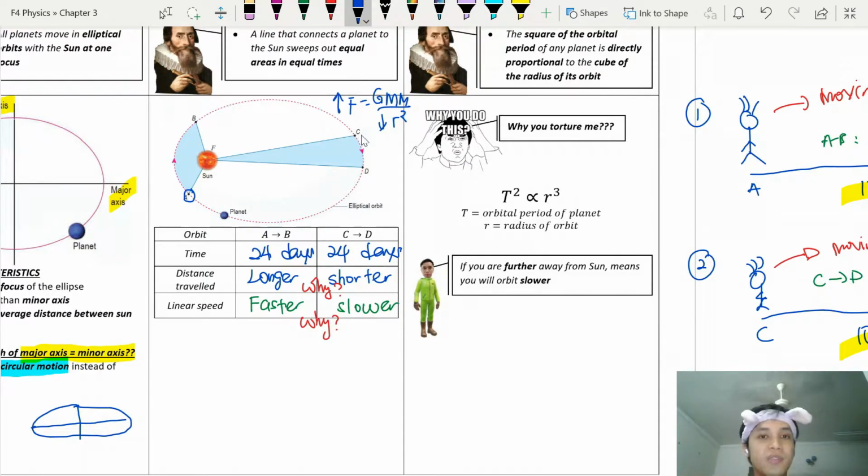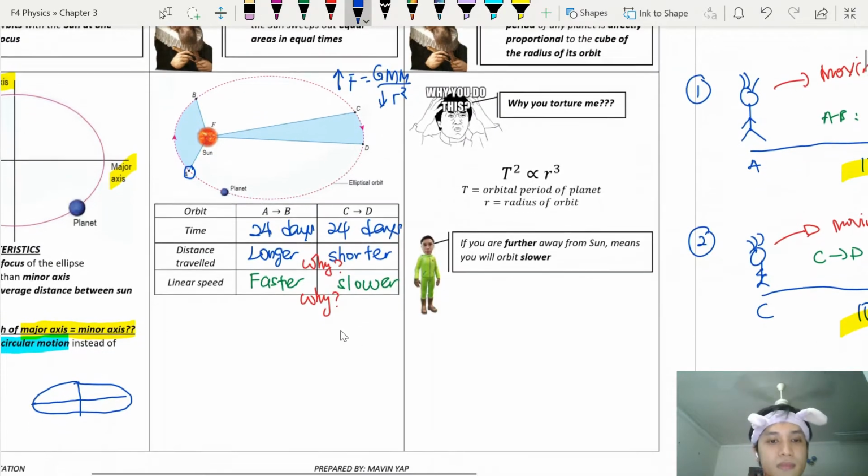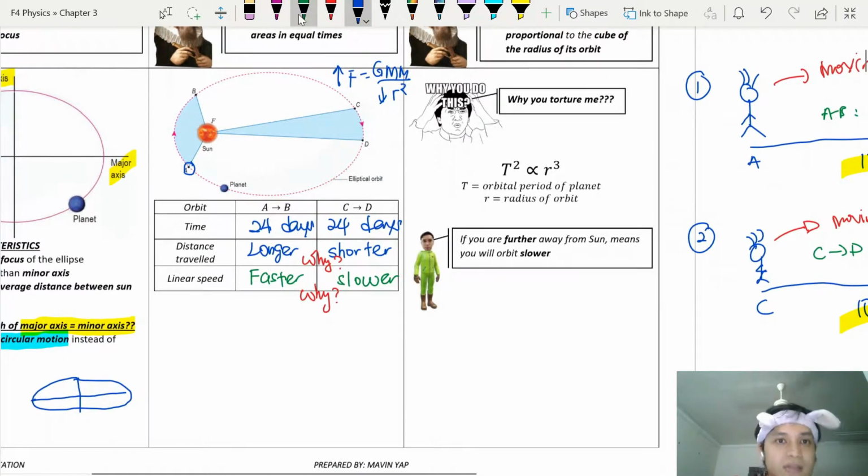In the case of C to D, because you are further away from the sun, your gravitational force is weaker. So the pull is weaker. If the pull is weaker, you are going to move slower. Why?